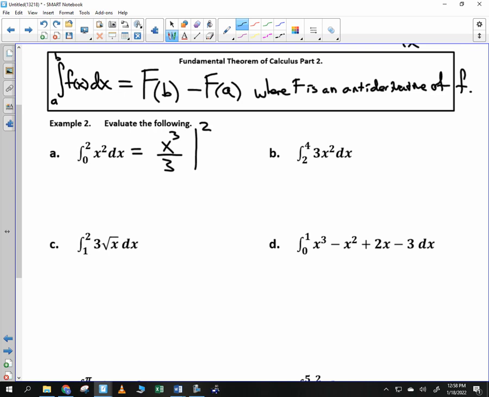We put a 2 at the top and a 0 at the bottom. So this means we're going to take the antiderivative, evaluate it at 2, and then evaluate it at 0. We subtract in between. Plug in 2, and you get 8 over 3 minus 0 over 3, which is 8/3.